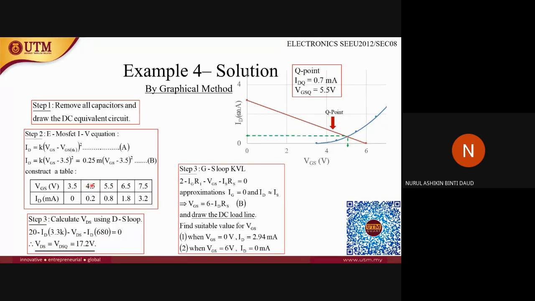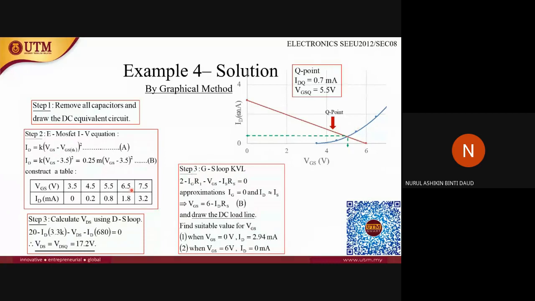Usually we try to find several points of value for VGS, and then using this equation, you can get the drain currents. Using these points, we can plot the transfer curves.